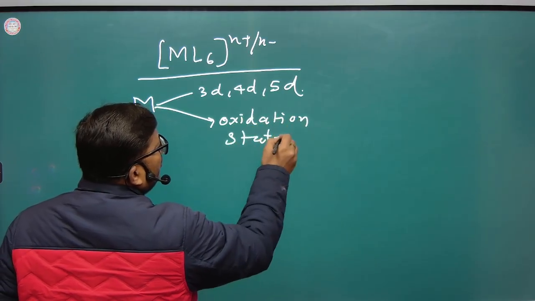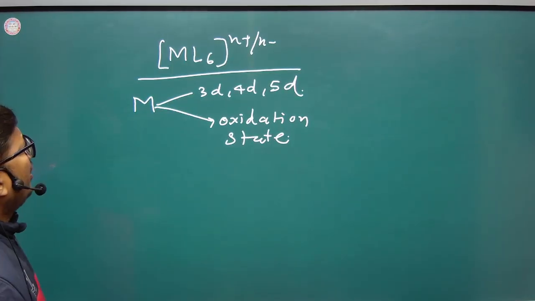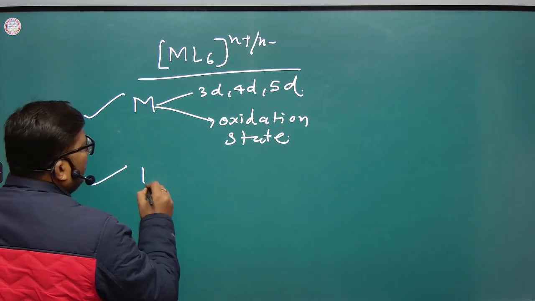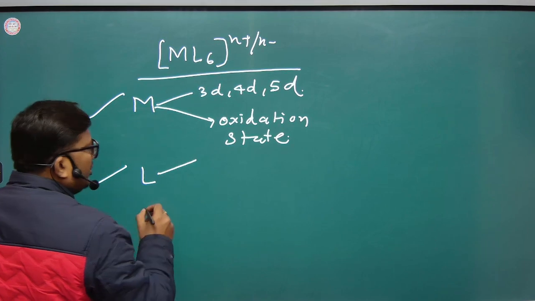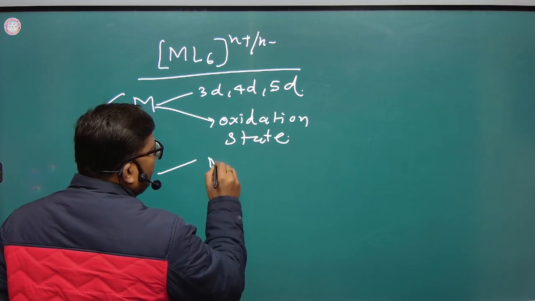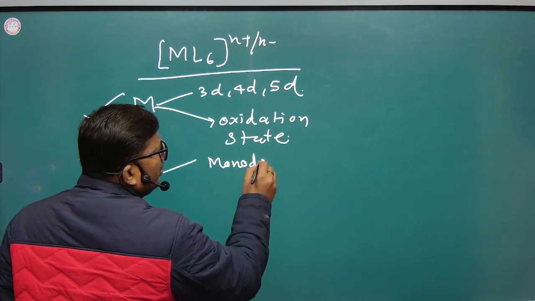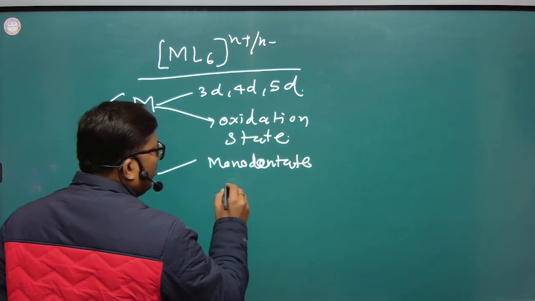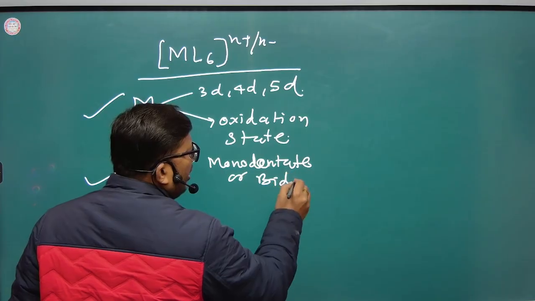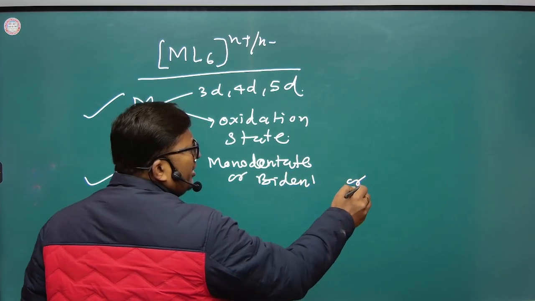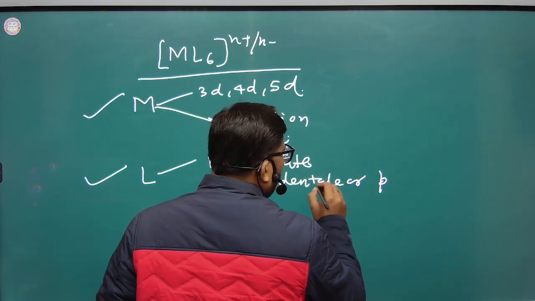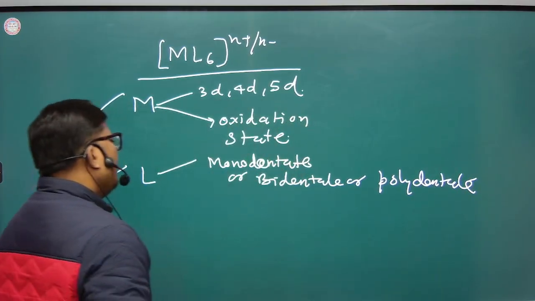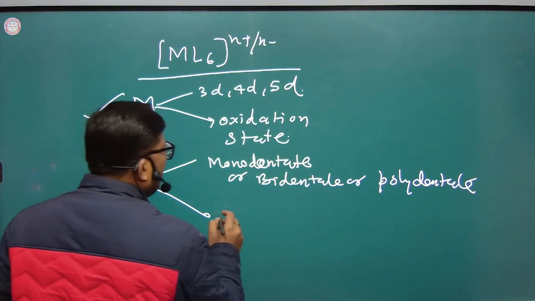Another important parameter is the ligand. The ligand is either monodentate, bidentate, or polydentate. This may be chelating.